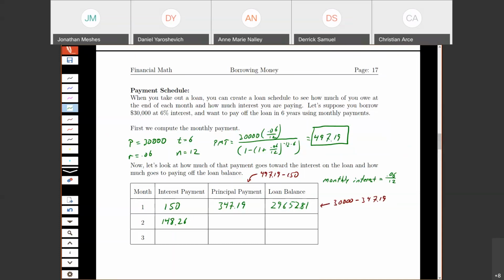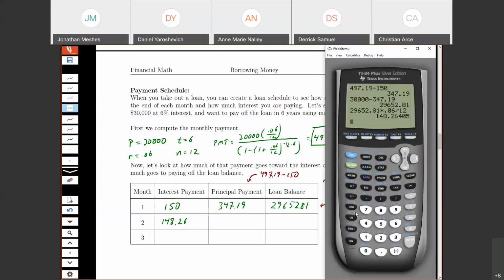I'm making the same monthly payment each month, this $497.19, but now there's slightly less interest to pay off, so I'm actually paying off slightly more of my loan, $348.93.